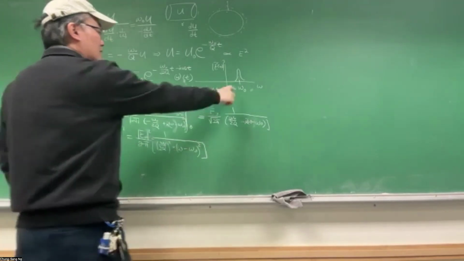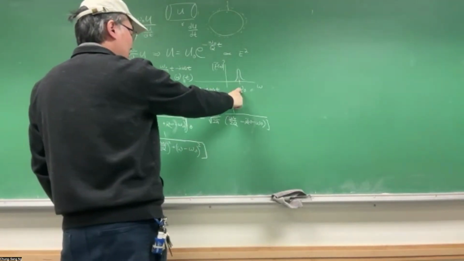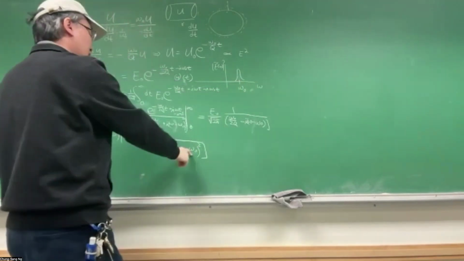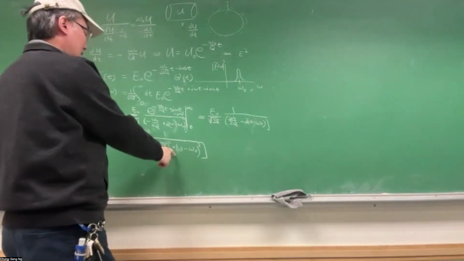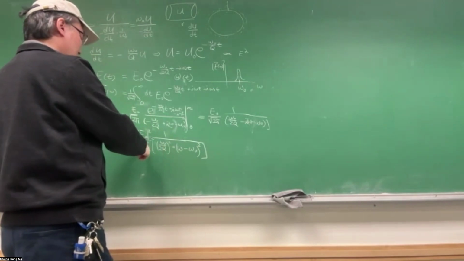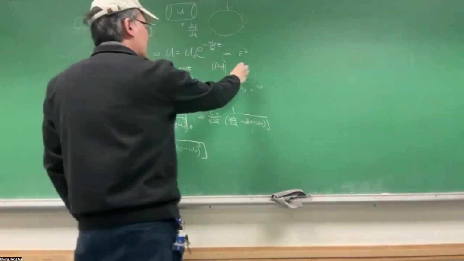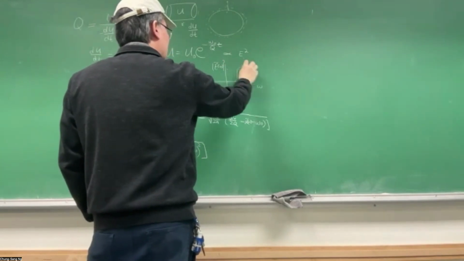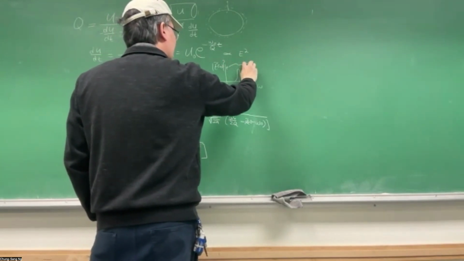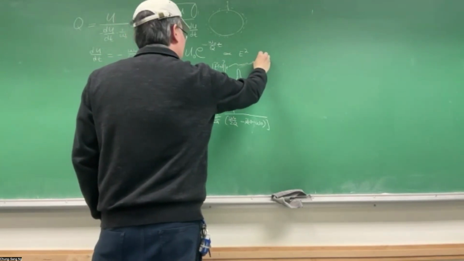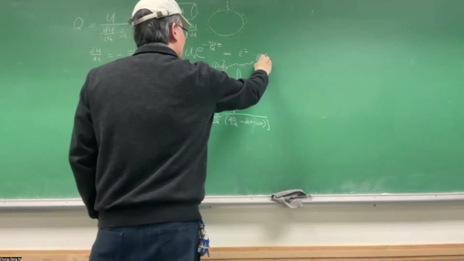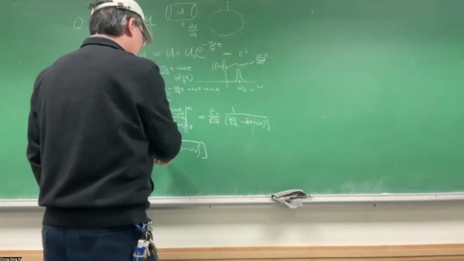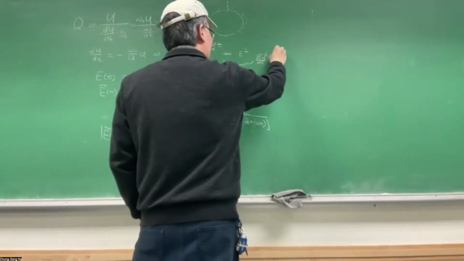So the maximum is at omega over omega sub 0, not considering a shift in the frequency. Whatever the maximum value is, this value is E0 squared over 2 pi, and just this term.